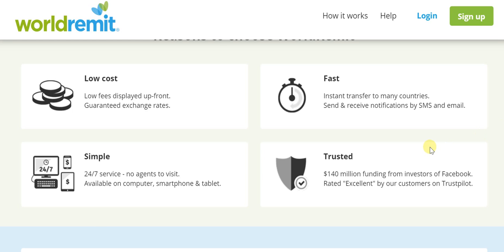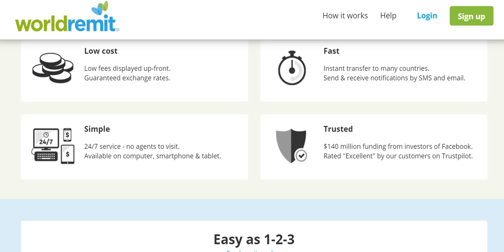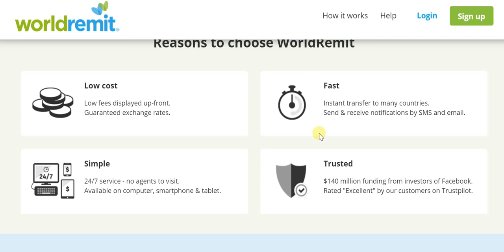Bear in mind that the same folks who've invested in Facebook have invested as much as 140 million US dollars in WorldRemit. Further, WorldRemit's own customers have rated it as excellent on Trustpilot. Now, all of these factors, I would encourage you to first of all research, Google up WorldRemit. You will see these aspects being confirmed across multiple links.